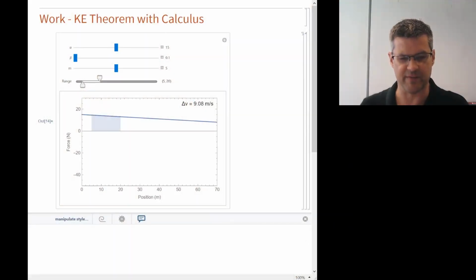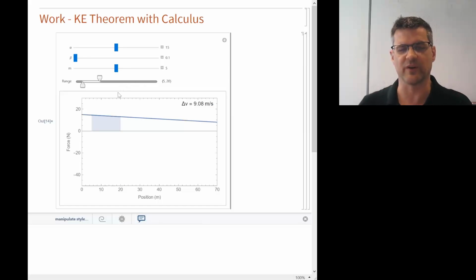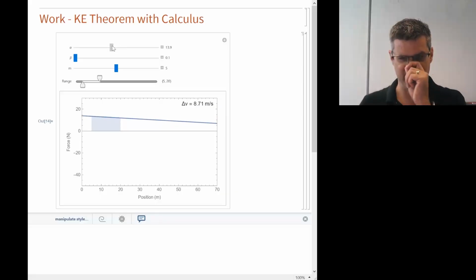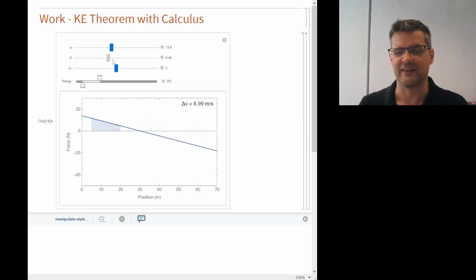So here we are in Mathematica, and we want to look at the work kinetic energy theorem. What we have here is that line. Alpha is some number. We can dial in what we want it to be. It's associated with the intercept of some line. Beta is associated with the slope of that line. So I can plug in beta to be whatever I want.